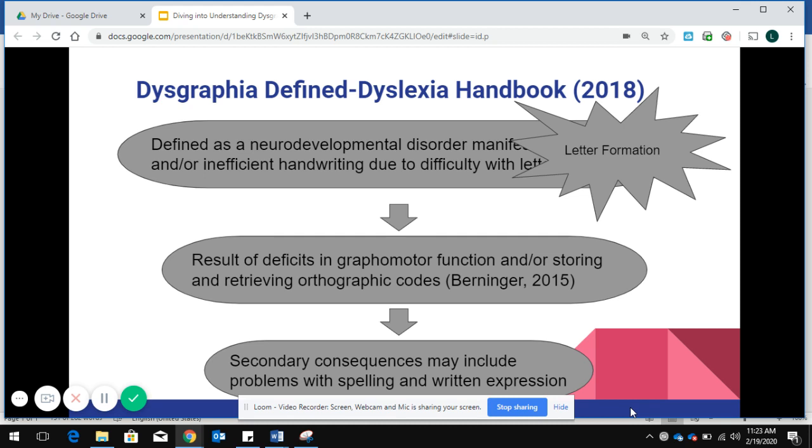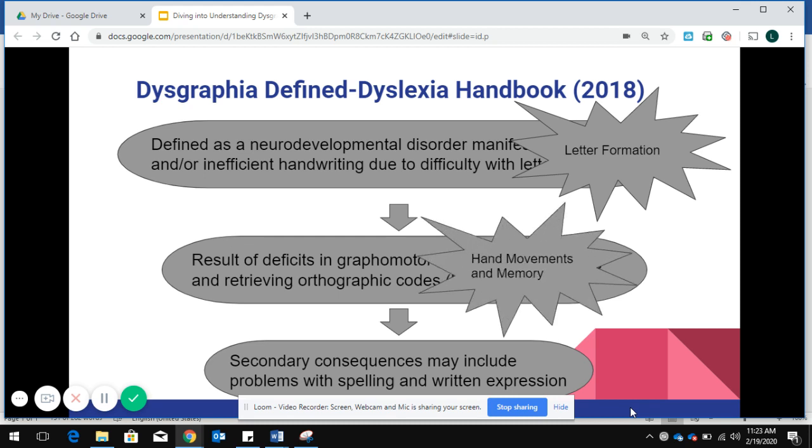And that is due to difficulties with making the hand movements needed to form the letter and remembering how to form the letter. So in their mind, they know what the letter looks like, but there's kind of a misconnection between what they're seeing in their brain and how they are making the movements with their hand to form that letter.